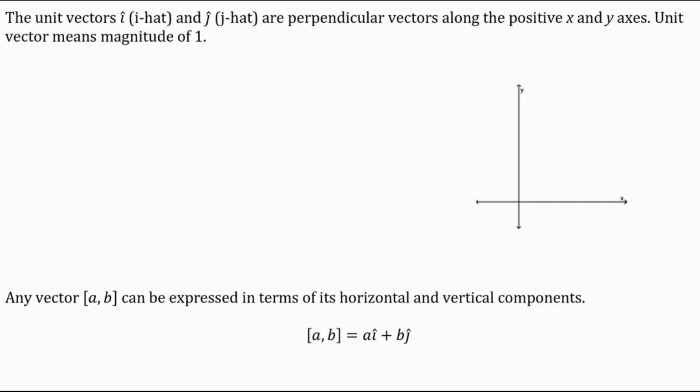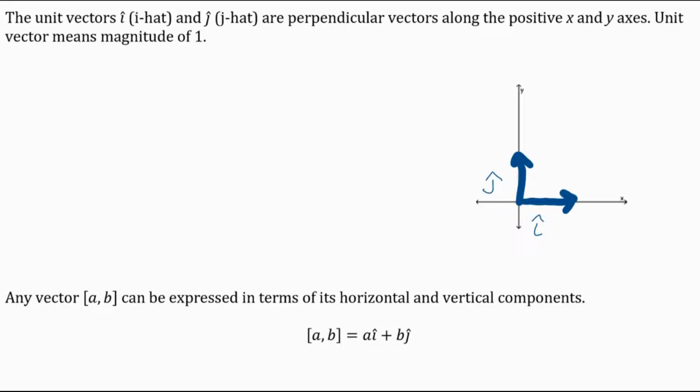And so we have these special unit vectors, i hat and j hat, that run along the x-axis and the y-axis. So i hat is along the x-axis. So this is i hat. And j hat runs along the vertical axis, the y-axis. So this is j hat.